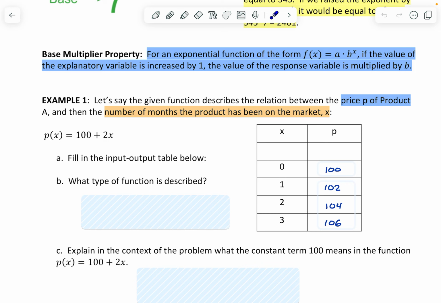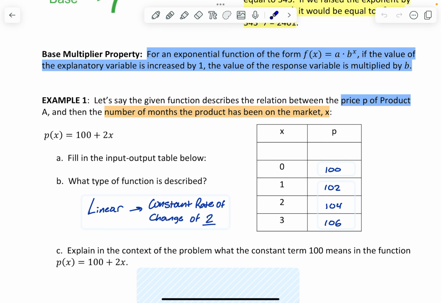What type of function is described? I want you to think about it right now. This describes a linear function because there is a constant rate of change. That constant rate of change is 2. You're increasing by 2 every single time.